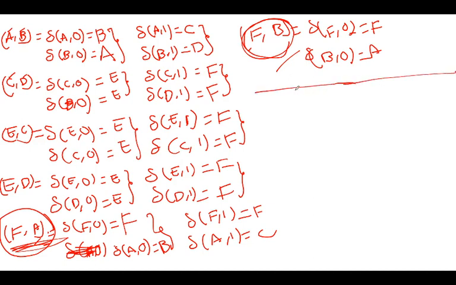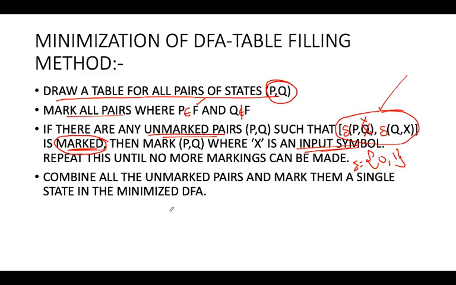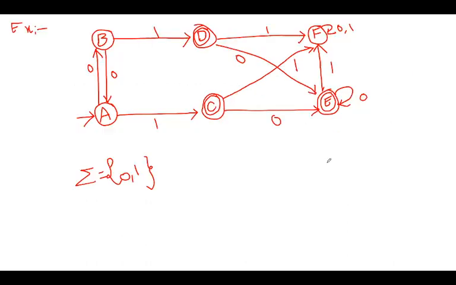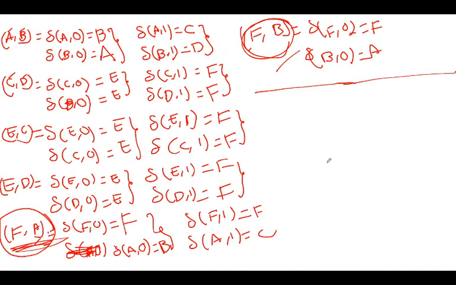Then we have to consider the next iteration also, until we don't mark any pair. Just observe this: repeat this until no marking can be made. All are marked. Next, move on to the next procedure. Let's take an empty slide.